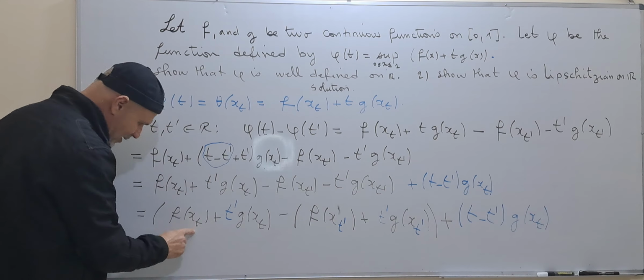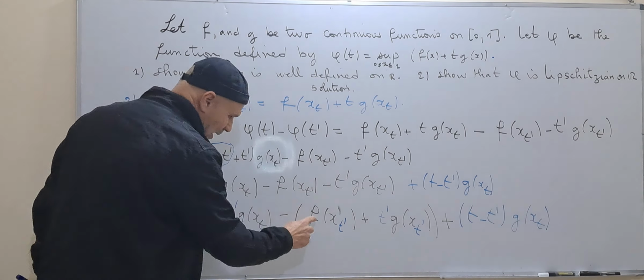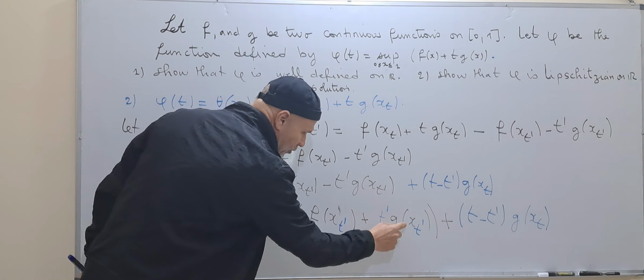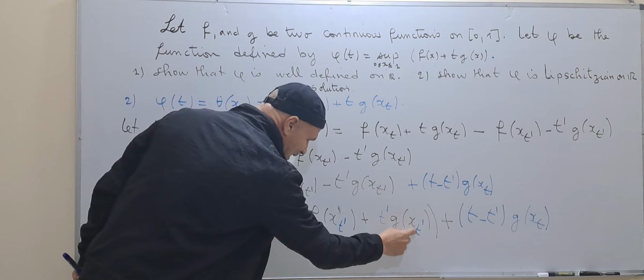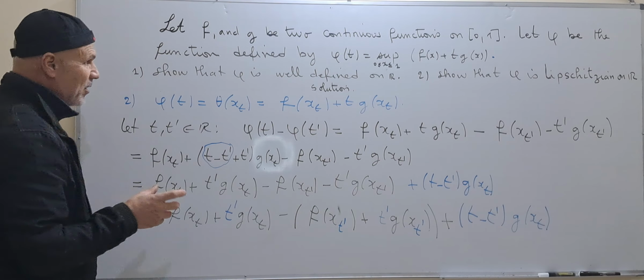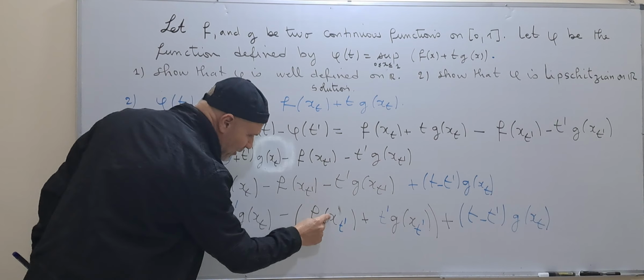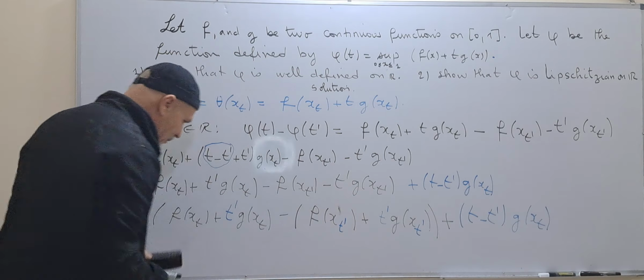Here we have xt, and here we have t prime. Here we have xt prime, t prime, g of xt prime. So xt prime is the maximum in this case. So our function phi of t attains the maximum at the point xt prime from this formula.